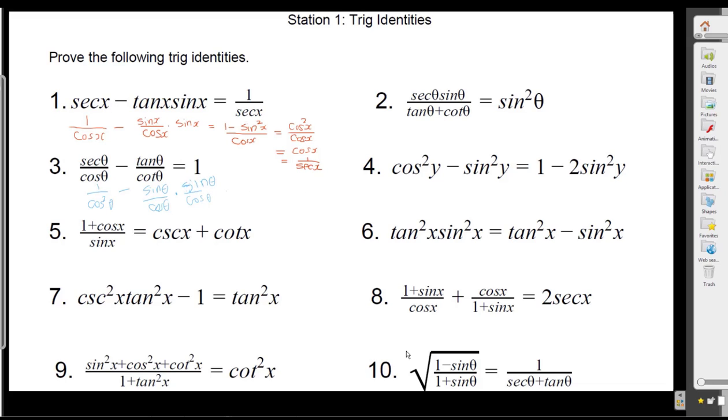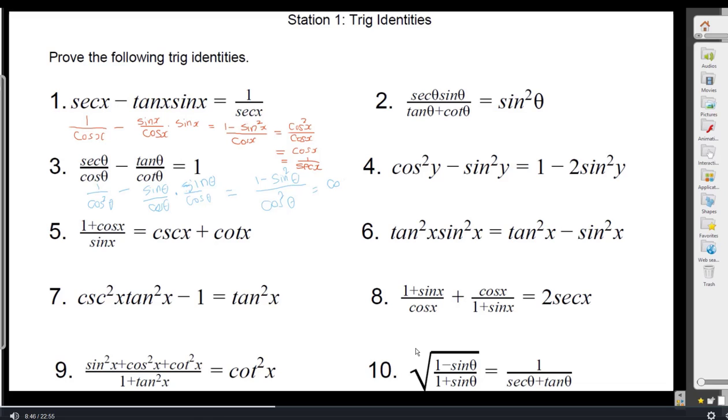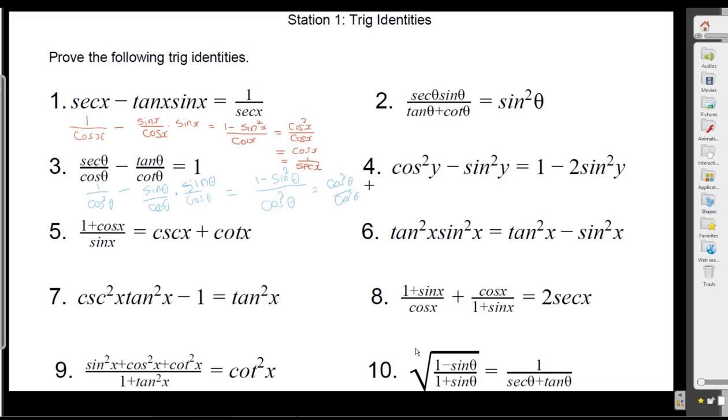So that becomes, you have a denominator cosine squared theta, so you get 1 minus sine squared theta over cosine squared theta. So that's same as this one.